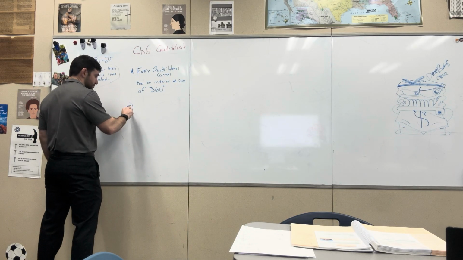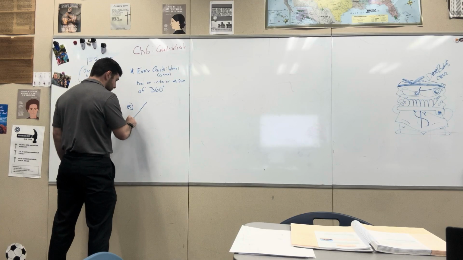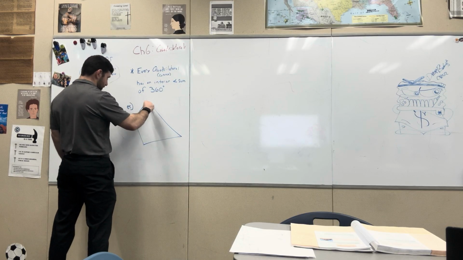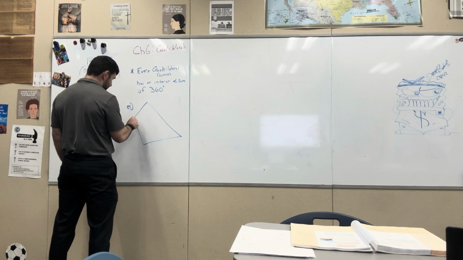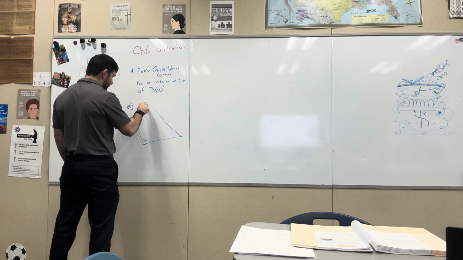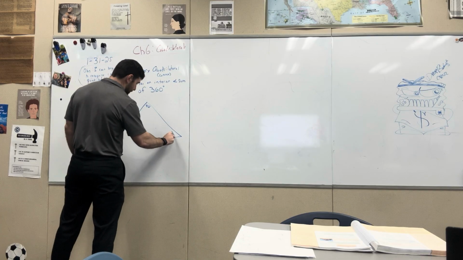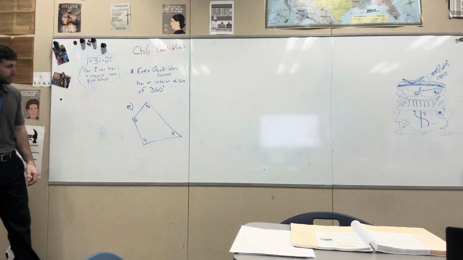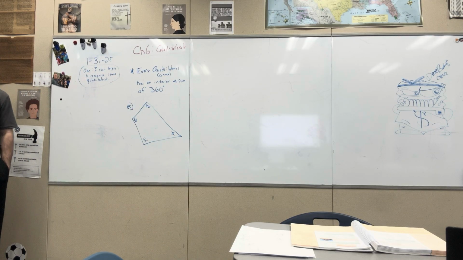So I have this. Let's call this 90 degrees, 110 degrees, 40 degrees, and x. Is it a quadrilateral? Yeah, it's got 4 sides.